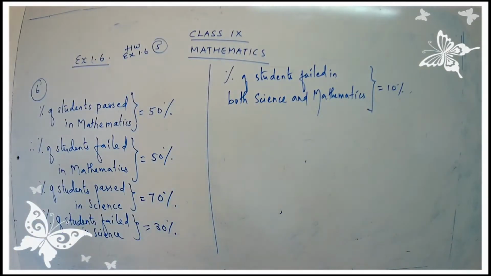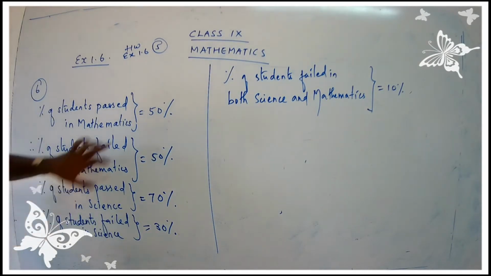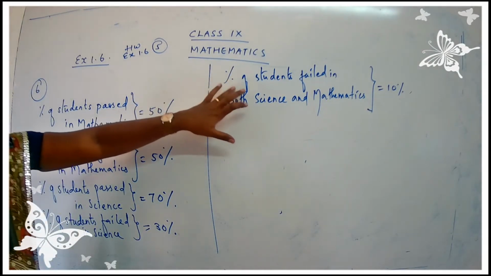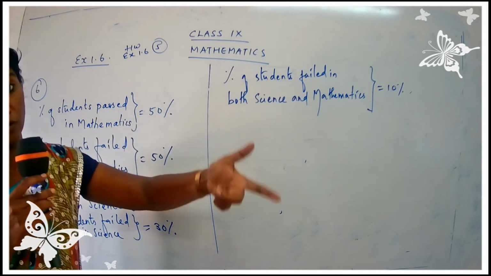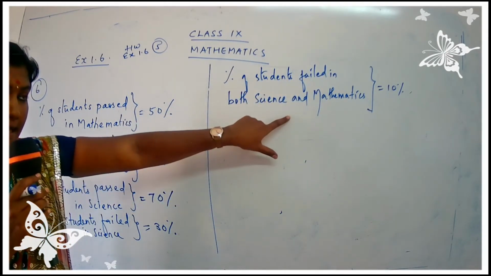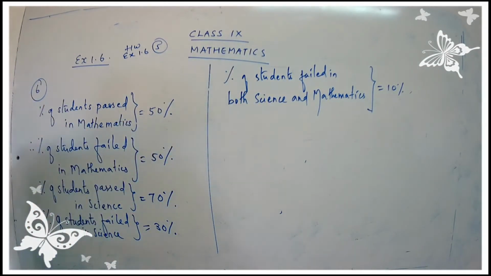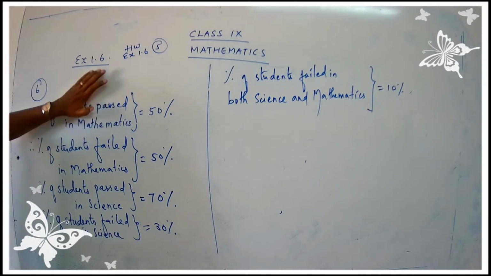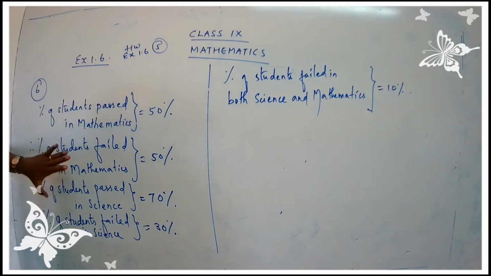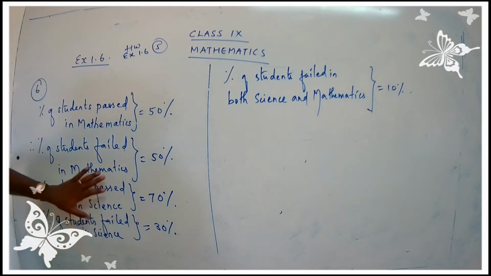Before we move to the next statement, let's try to write some of the details over here. Now just see here, children. Here you are given the detail of percentage of students failed in both science and mathematics. So you are going to focus just on the percentage of failed. We are not going to see the percentage of passed. We are just going to focus on the percentage of students who failed in both the subjects separately.